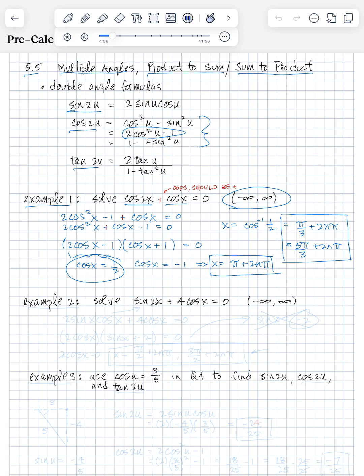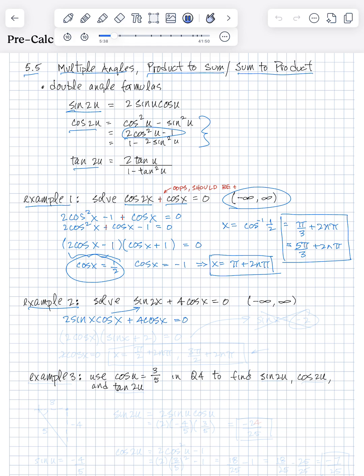Now let's look at the next example. Example 2, solve sine 2x plus 4 cosine x equals 0. And again, our interval is all real numbers. So sine of 2x, that's easy. We just have one formula for that. So we're going to write that as 2 sine x cosine x. That's sine of 2x. Then we have to add 4 cosine x equals 0.